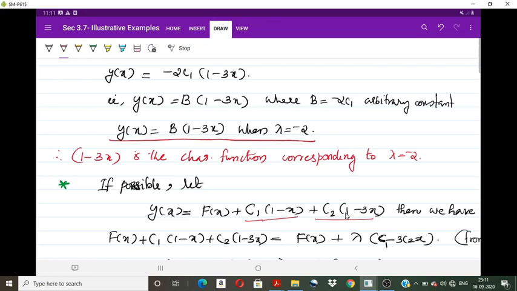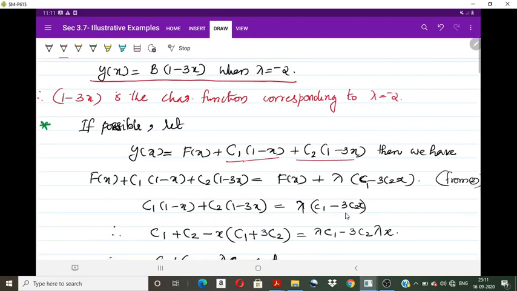First of all, compare this with the given actual solution, that is f of x plus lambda into small c1 minus 3 c2 x. So f of x and f of x get cancelled. Then capital C1 into 1 minus x plus C2 into 1 minus 3x is equal to lambda into (c1 minus 3 c2 x).